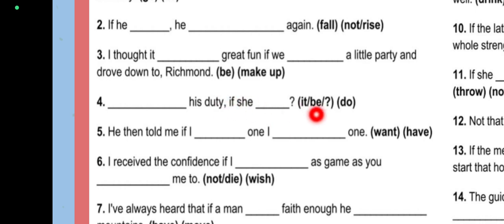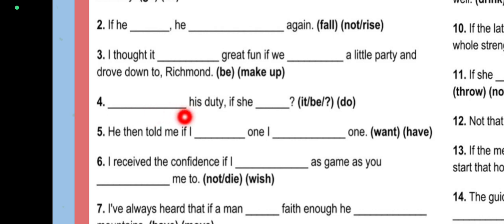Okay, let me help you. Here we have it be. So this is the result clause. Remember, in the result clause we use would. So here they are saying it is a question. So would it be? Yeah, okay, ya lo vi. That's correct.